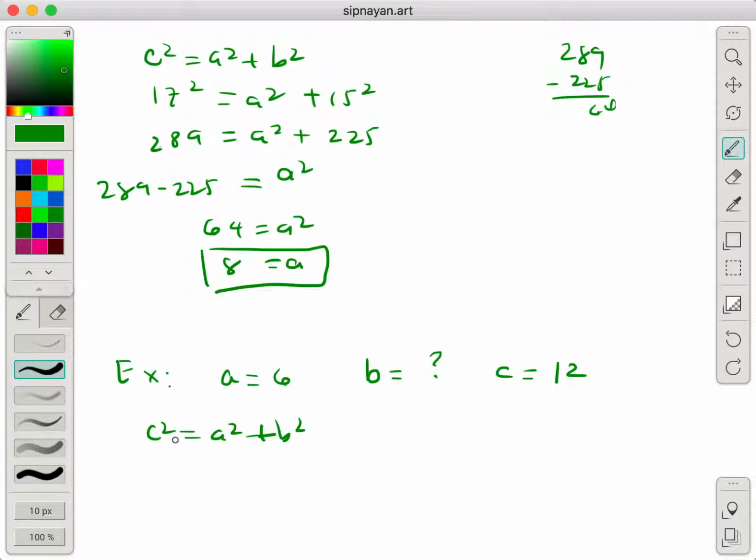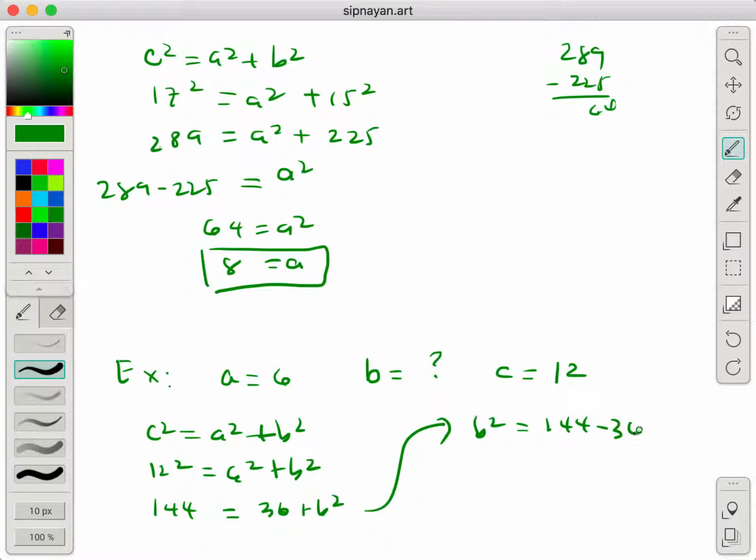Later na lang kayo mag-manipulate kapag na-substitute nyo na para wala kayo masyadong maraming kabisating formula. So this is 12 squared equals 6 squared plus B squared. This is 12 squared is 144 equals 36 plus B squared. Meaning, we have B squared equals 144 minus 36, which is equal to 108. B squared, meaning B is equal to square root of 108.